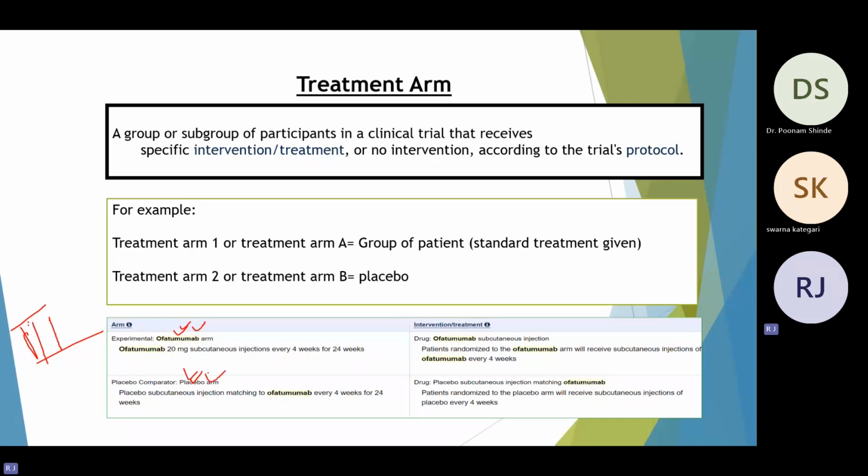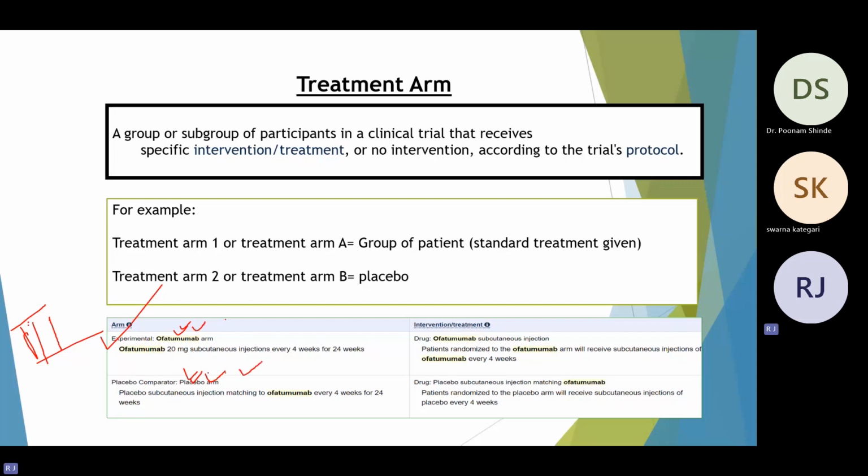Now I can say my trial has two arms. One treatment arm, or one group, is going to receive the treatment, and one group, or one treatment arm, is going to receive the placebo. So now you understand, right?